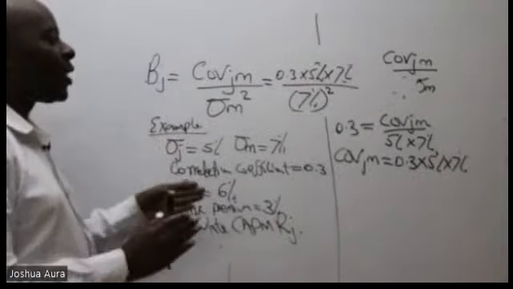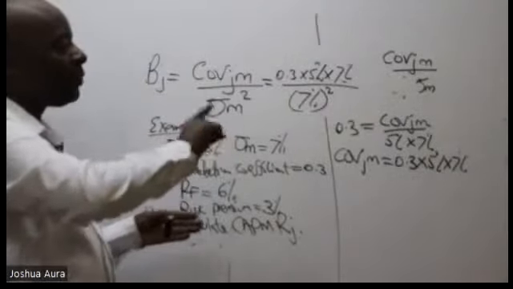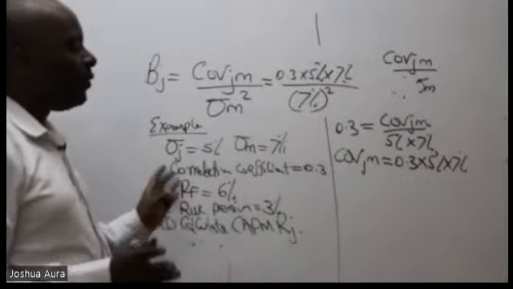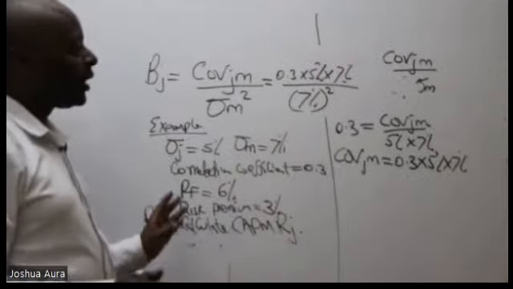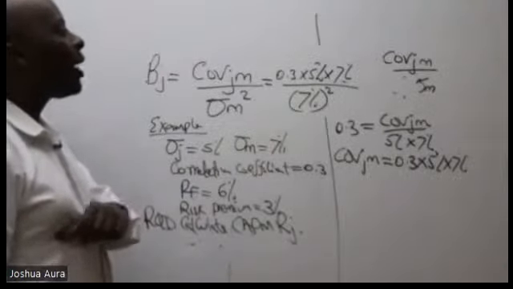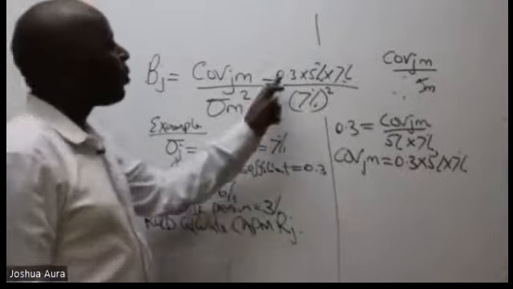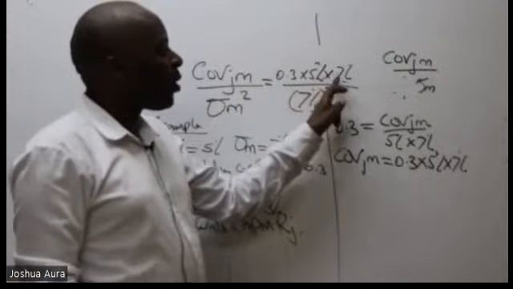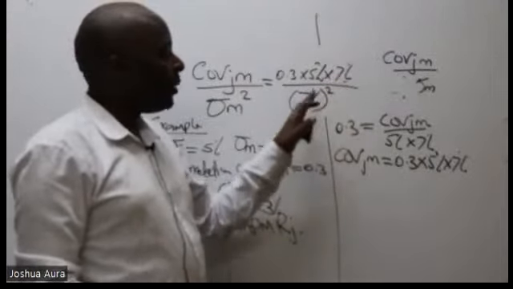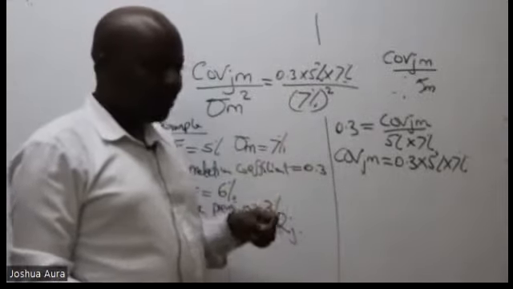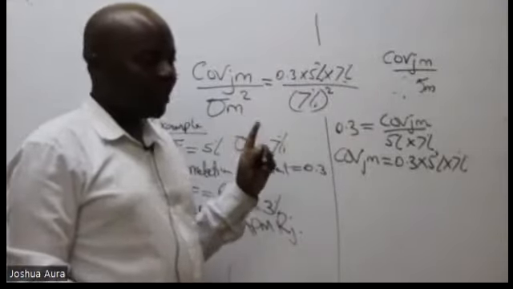Of course, I would have been 100% better off leaving out the percentages; I'll still get the same answers. So now, using your calculator, could you kindly enter 0.3 times 0.05 times 0.07, divided by 0.07 squared, and then give me an answer.